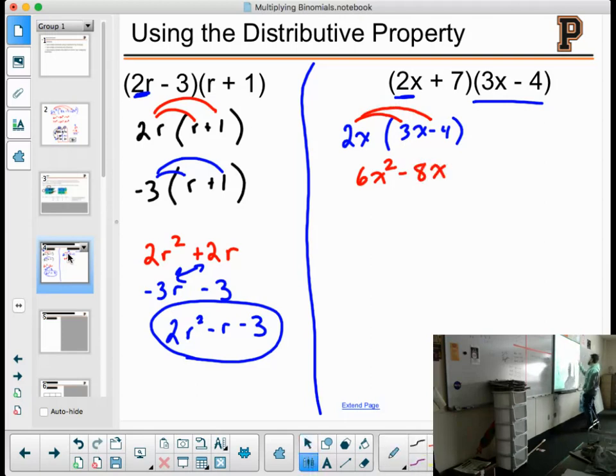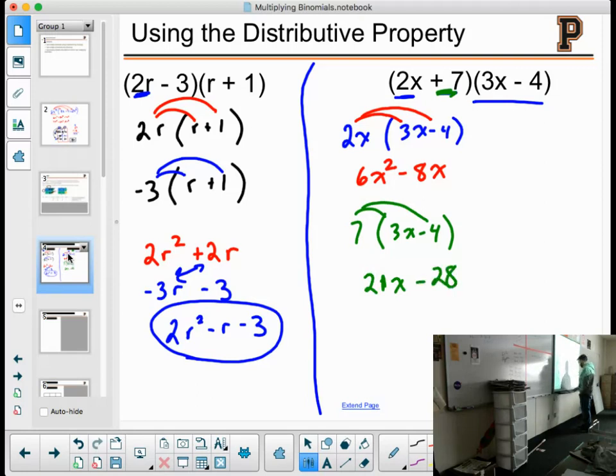Second thing that has to happen is that 7 must also multiply by 3x minus 4. All right, so you take 7 times 3x, that's 21x. 7 times a minus 4 is minus 28. So then when you combine this expression here with this expression here, we've got our answer.